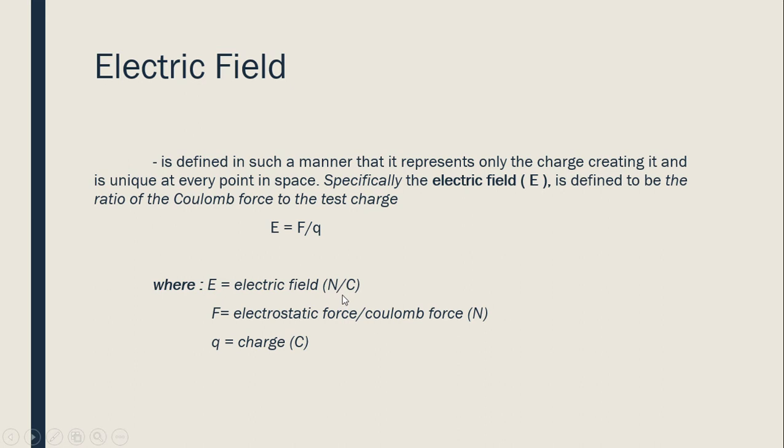Its unit is Newton per Coulomb, since force is in Newton and charge is in Coulomb. The force here is the electrostatic force or the electric force of charges, sometimes called the Coulomb force, in Newton because it is still force, and Q for charge, in Coulomb. Okay.